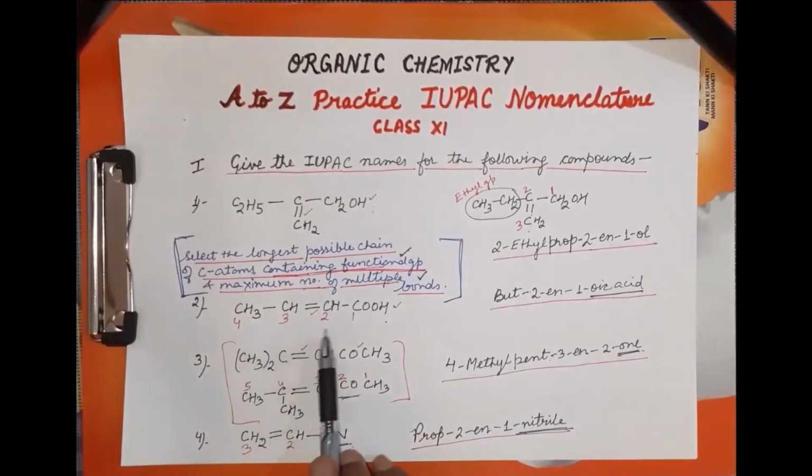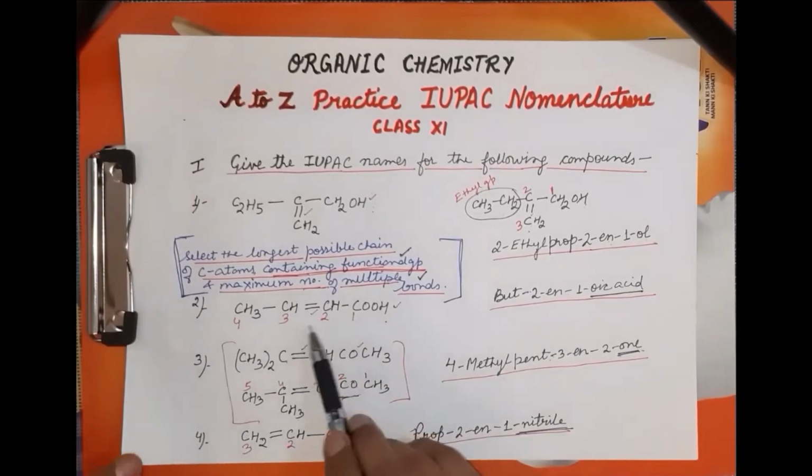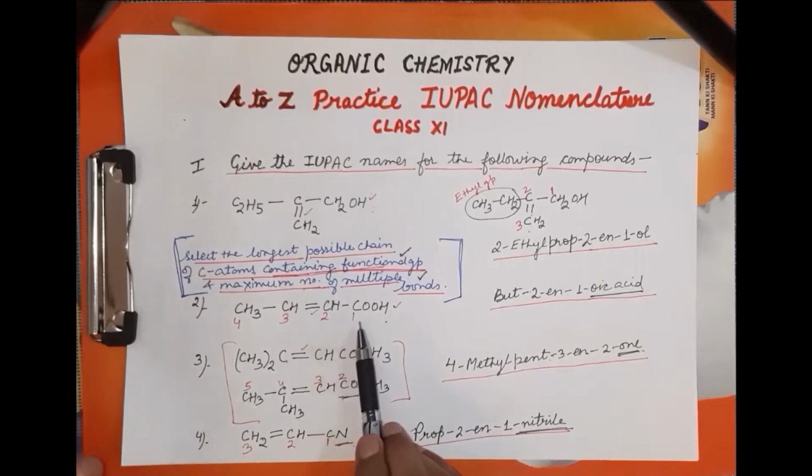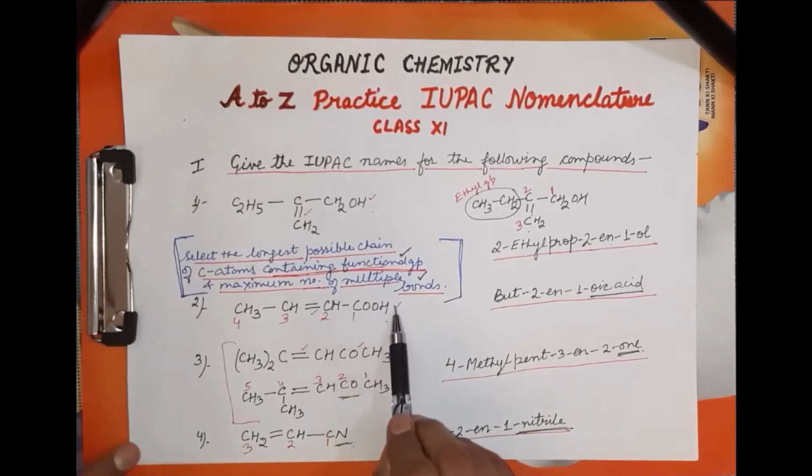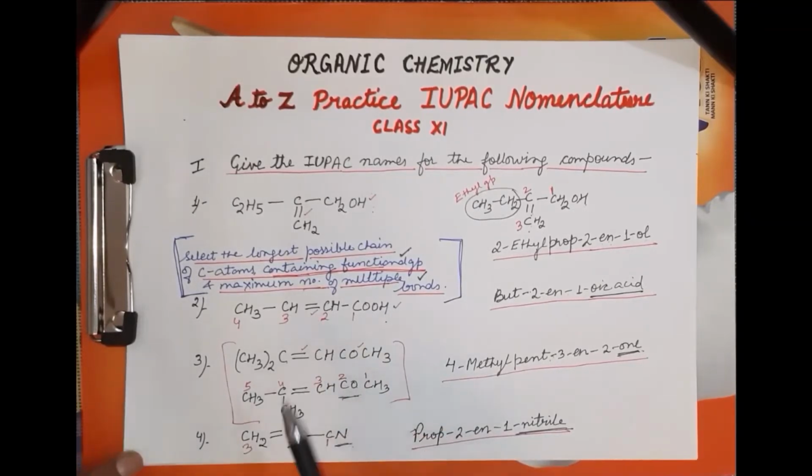So next example, this is very simple. In this there is no substituent, but the functional group is there and this double bond is also there. So how will we do the numbering? In such cases where the functional group also has a carbon atom, while numbering the parent carbon chain, we will consider the functional group carbon as the number 1 carbon.